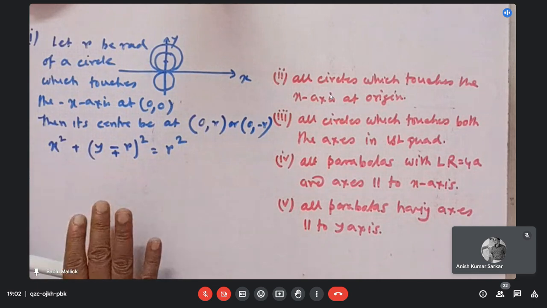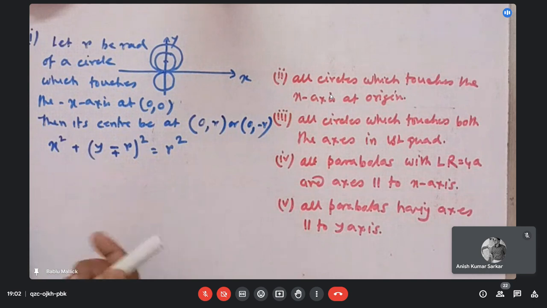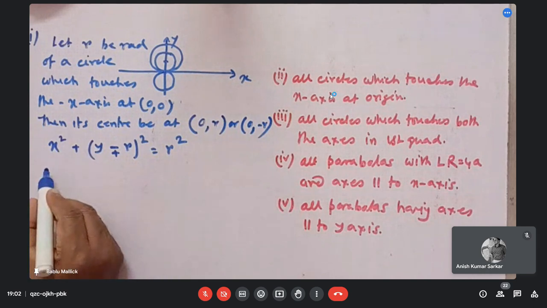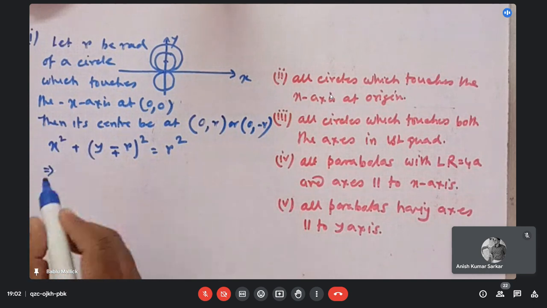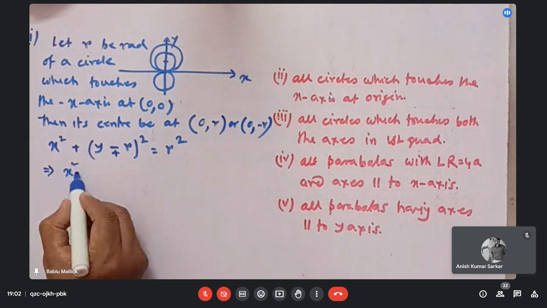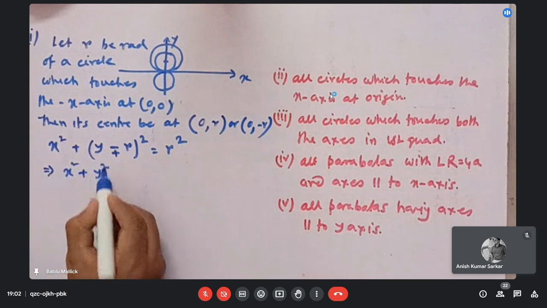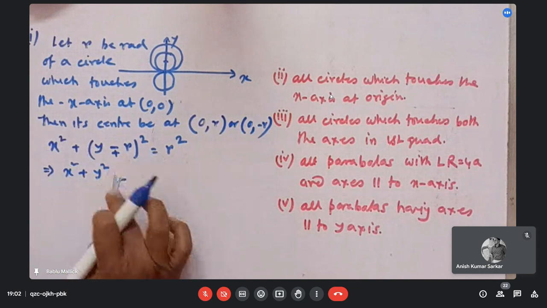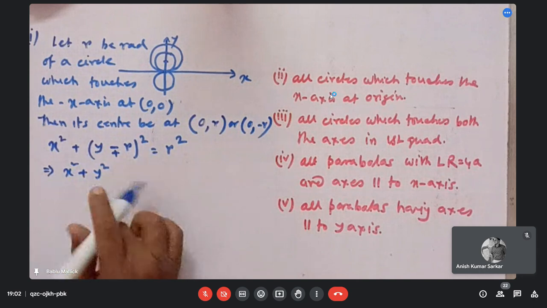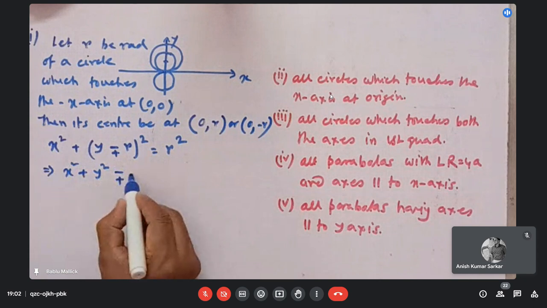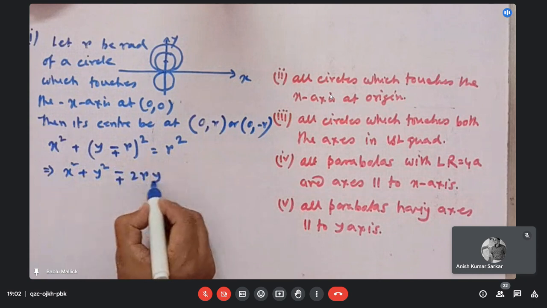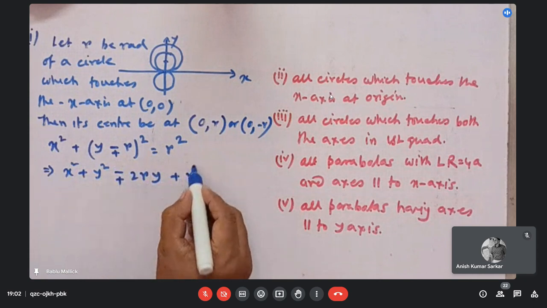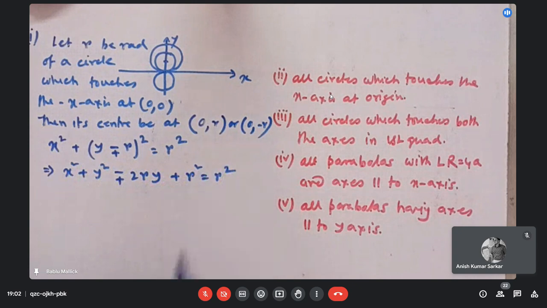So first I shall simplify it. This will give you x square plus y square minus or plus 2r into y plus r square is equal to r square.